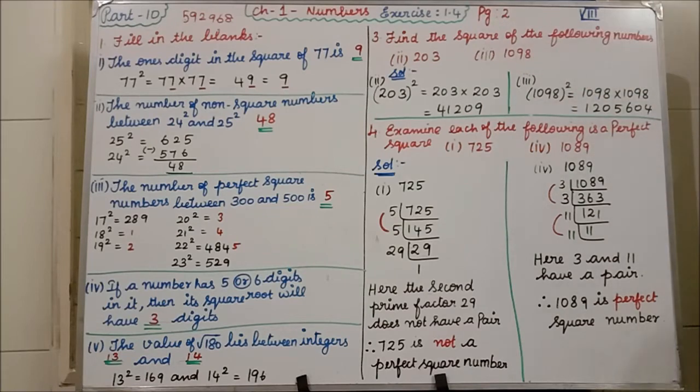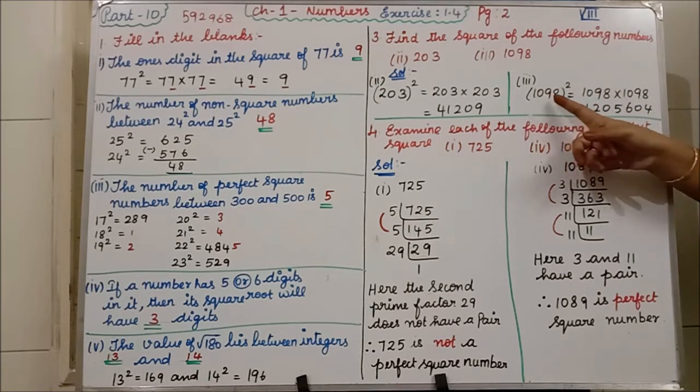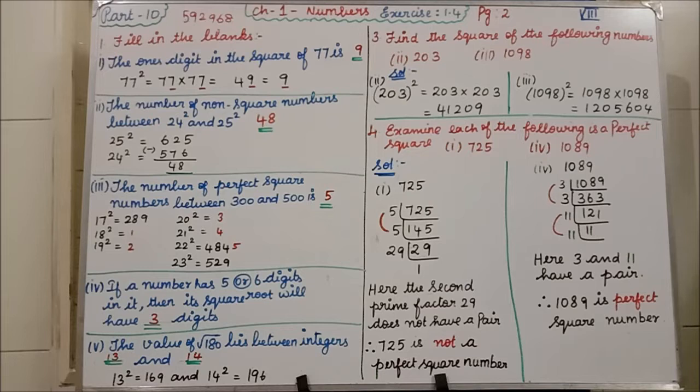Clear? Similarly, the third subdivision is 1098 whole square, which is 1098 into 1098. If you multiply these two numbers, we are getting 1,20,5604. Clear? That is the answer for 1098 square. The third subdivision is very easy. You have to just square the number and find the answer.